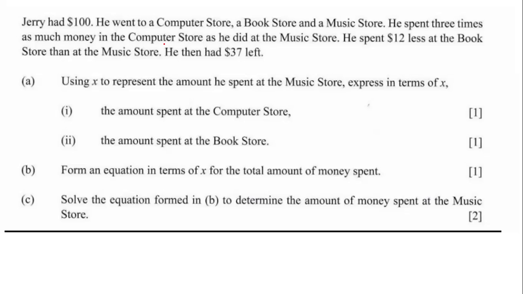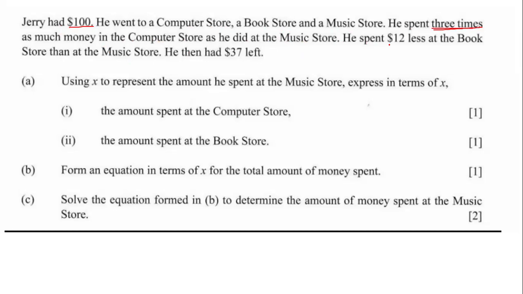Okay, so we have to figure out the amount of money that he spent at the computer store. Jerry had $100. He went to the computer store, a bookstore, and a music store. He spent 3 times as much money in the computer store as he did at the music store.